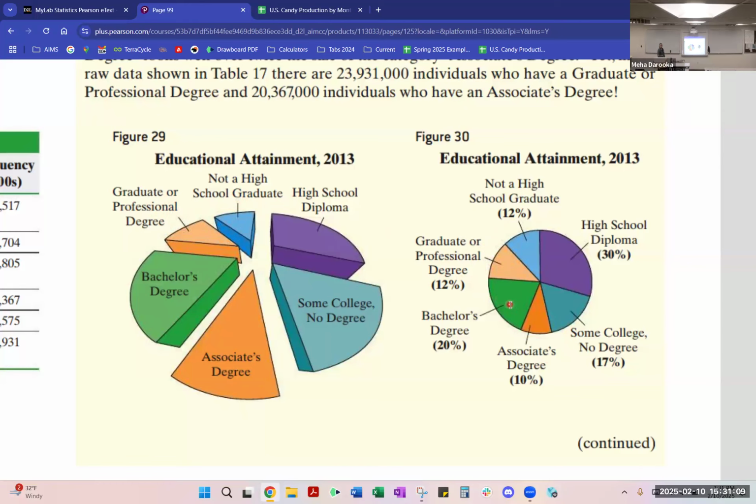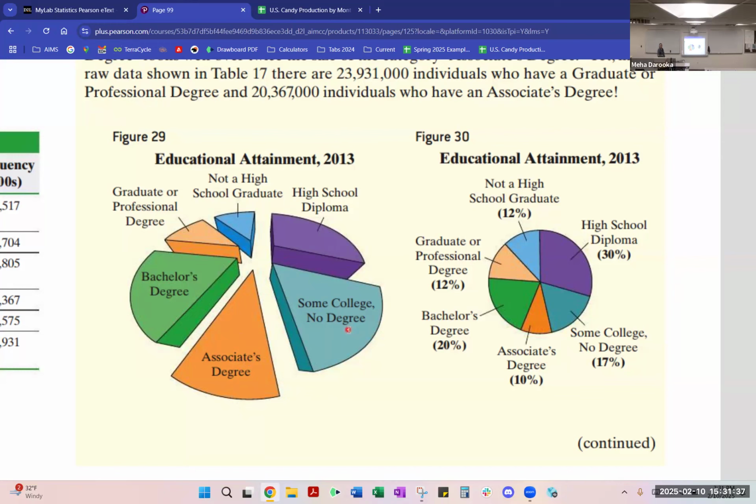Then you've got 30%, sorry, 20% for bachelor's degree, 10% for associate's degree. Now that's a difference of half. But then look at the two wedges over here, bachelor's degree and associate. The green does not look double of this orange here, right? For the associate's degree, because this is 20%, this is only 10%, but looking at those wedges, it doesn't look like the associate's degree is half the number of the bachelor's degree.